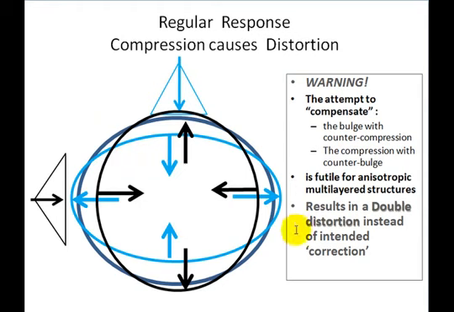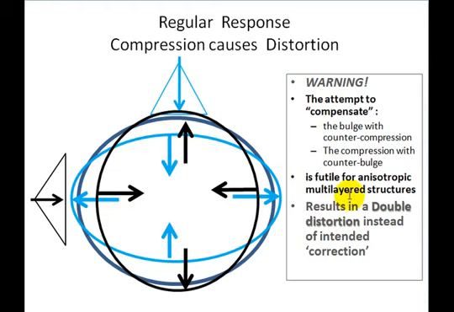Because again, the key here is that the response is internal and we are dealing with a multi-layered structure. The body is multi-layered. So therefore, no matter what you put on the outside, it's the internal response that matters.